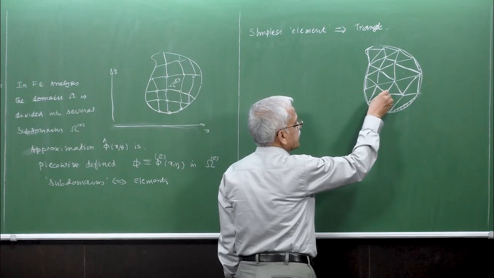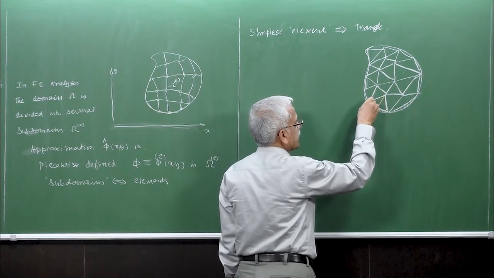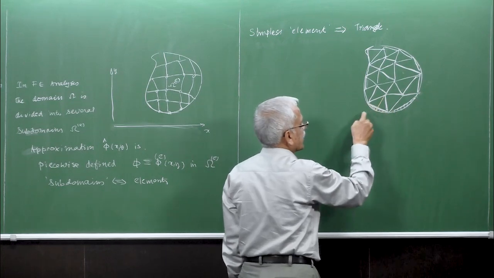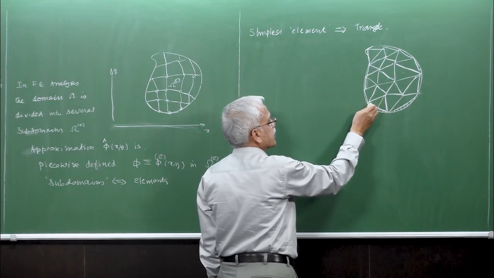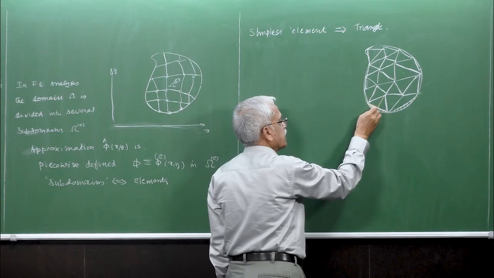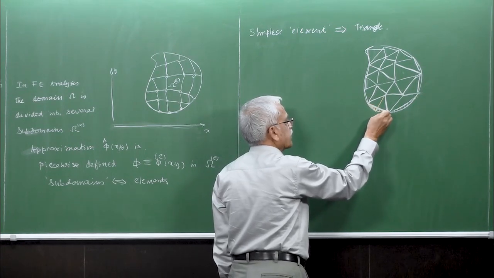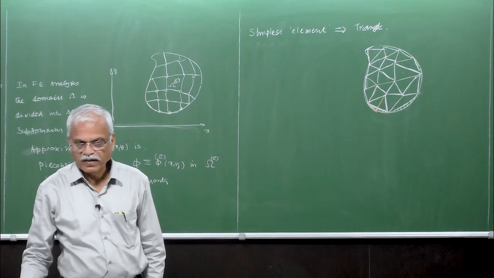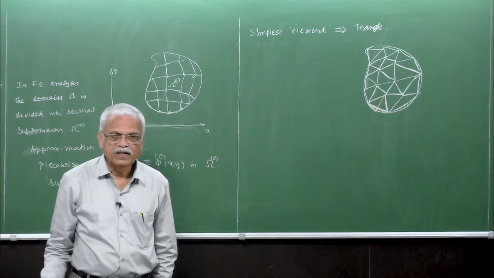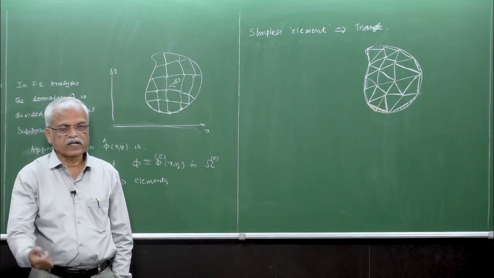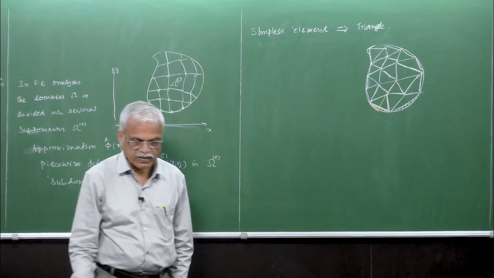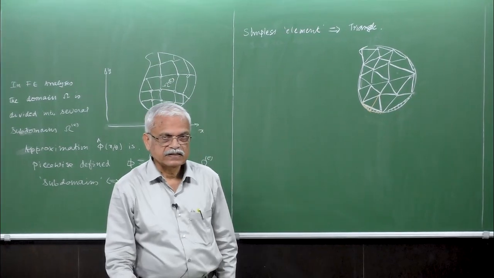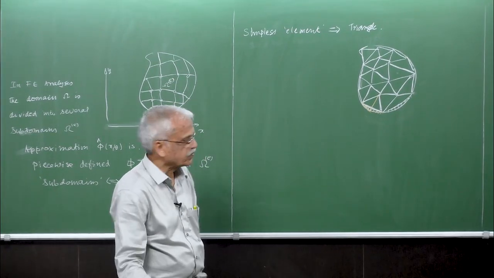For example, here, if I take two elements here of smaller size, you can see this unrepresented portion here, the small one, which I'm marking with the brown one, is becoming smaller. So that way the error can be reduced and the complex shape can be represented to any amount of accuracy. So that is the advantage of this triangular element.